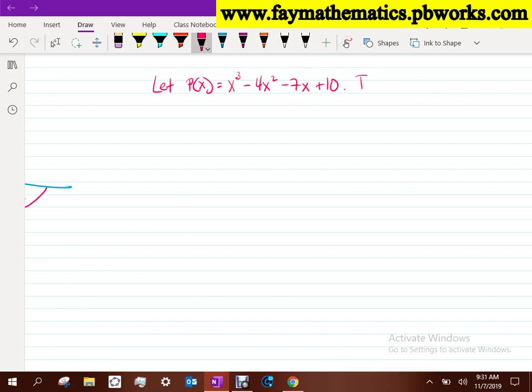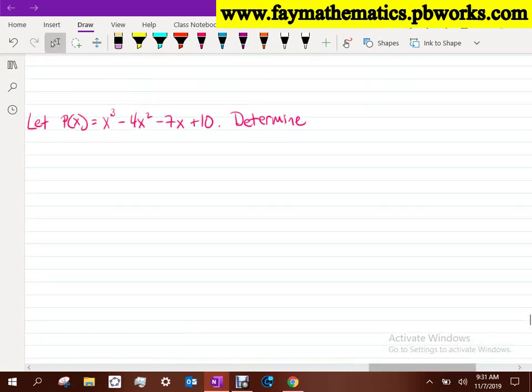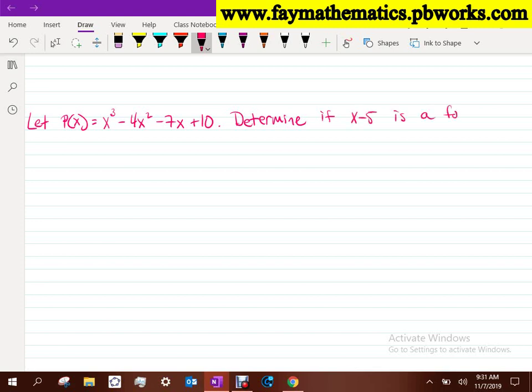And we'll say determine if x minus 5 is a factor of p of x.